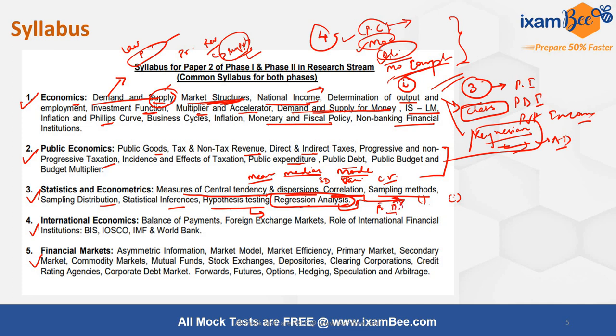And the most famous technique that is used is the OLS method. So you should be thorough with how OLS is applied in regression analysis to find out the best linear unbiased estimators, that is the ones which have the minimum variance and are unbiased.